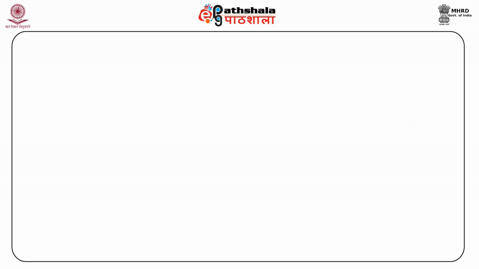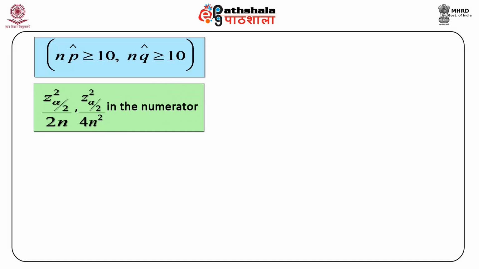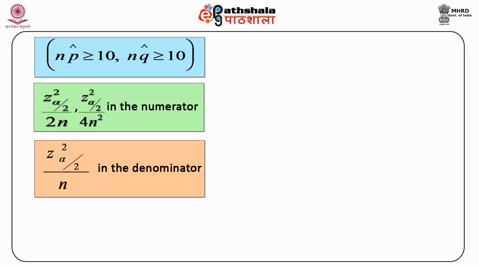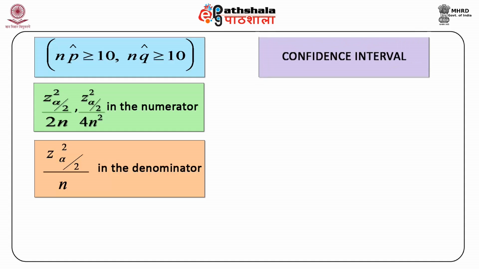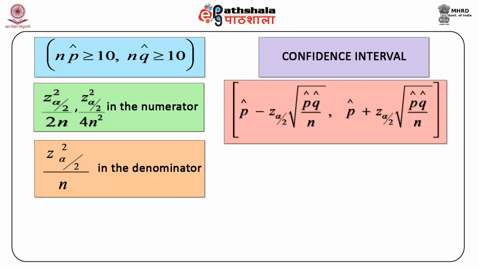If sample size is large, so that n p hat is greater than or equal to 10 and n q hat is greater than or equal to 10, then z squared alpha by 2 upon 2n, z squared alpha by 2 upon 4n squared in the numerator and z squared alpha by 2 upon n in the denominator will be very close to 0, so that the confidence limits of p are p hat plus minus z alpha by 2 times square root of p hat q hat upon n for the 1 minus alpha level of confidence.